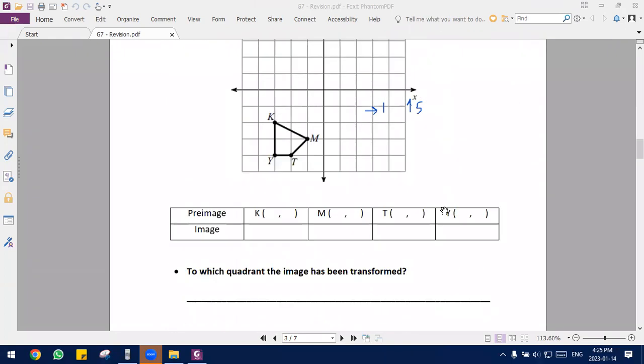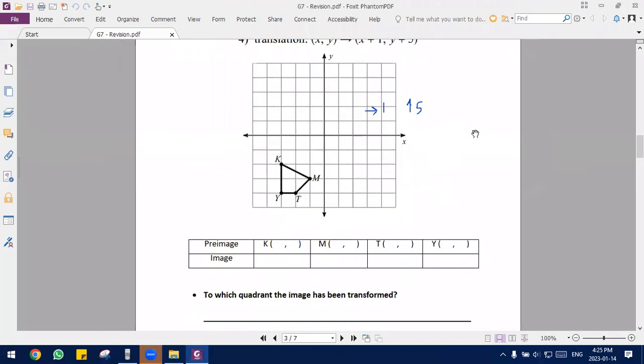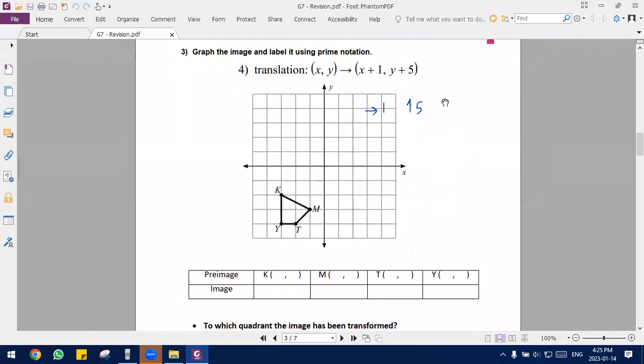But here there is a table, we need to fill it. Let me zoom out a little bit. Like this, okay. So we said that we have one step right and 5 steps up.